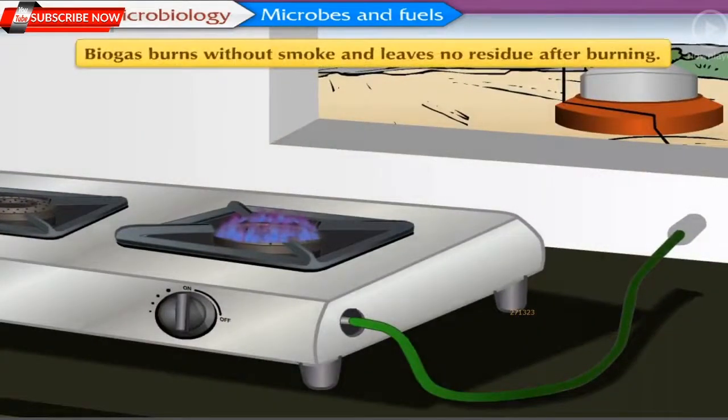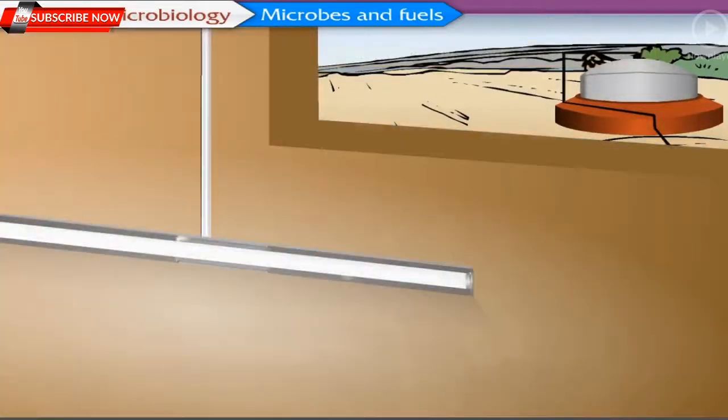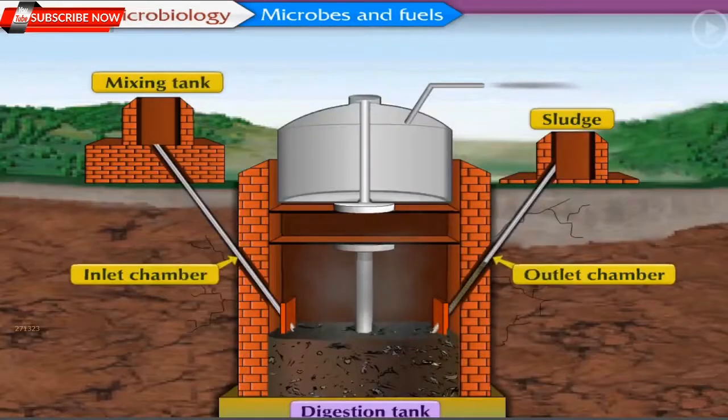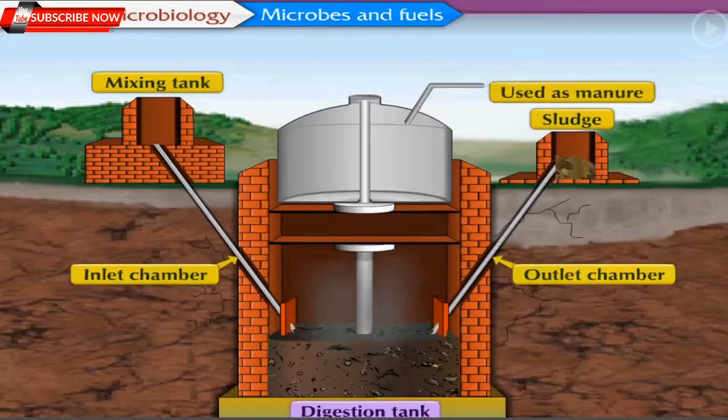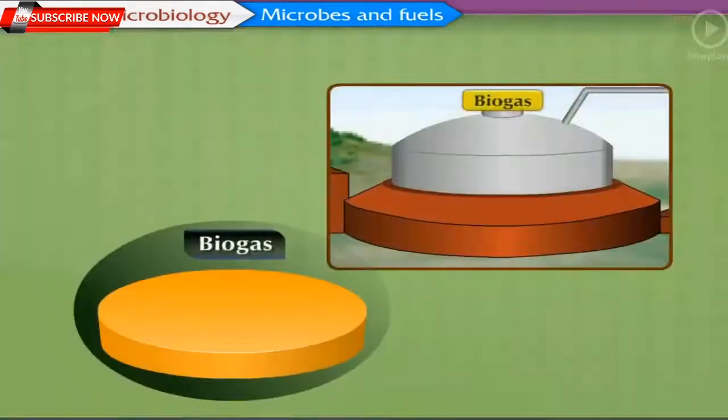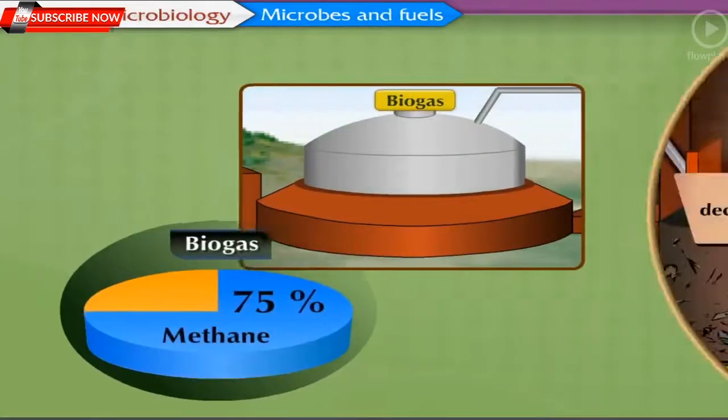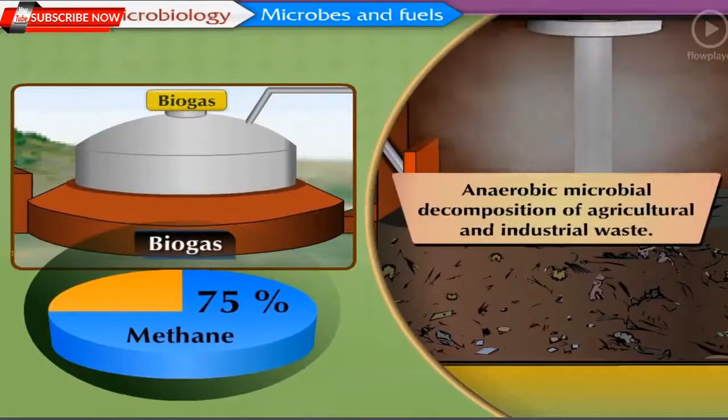It burns without smoke and leaves no residue after burning. Biogas is also used for lighting and generation of electricity. The slurry left behind is removed periodically and is used as excellent manure. Thus, we can say that gaseous fuels like methane can be obtained by anaerobic microbial decomposition of agricultural and industrial waste.